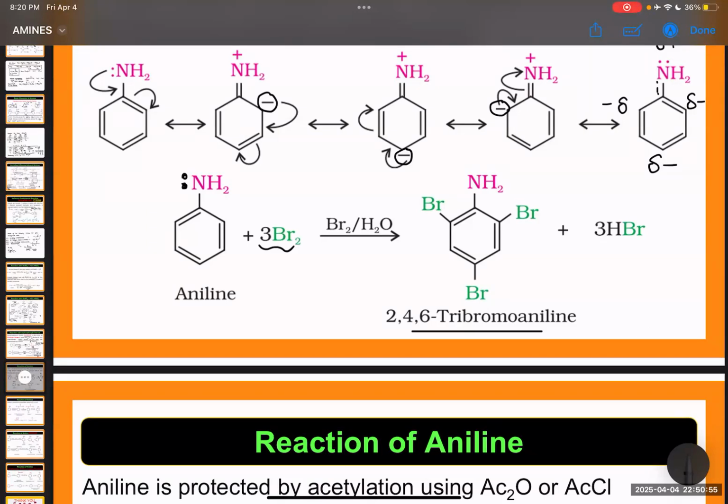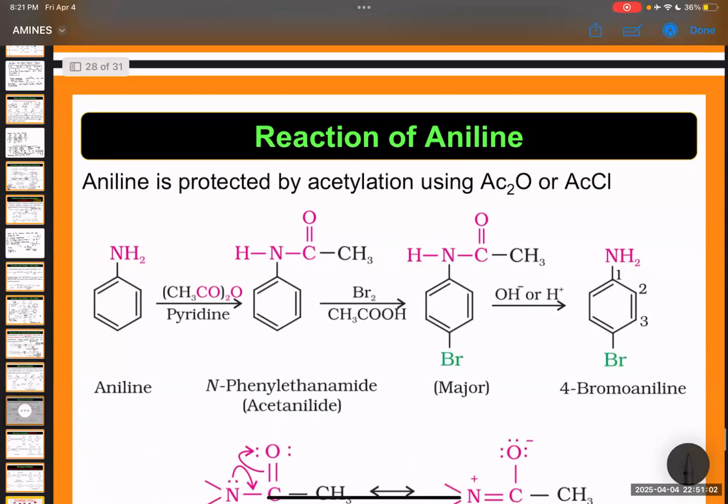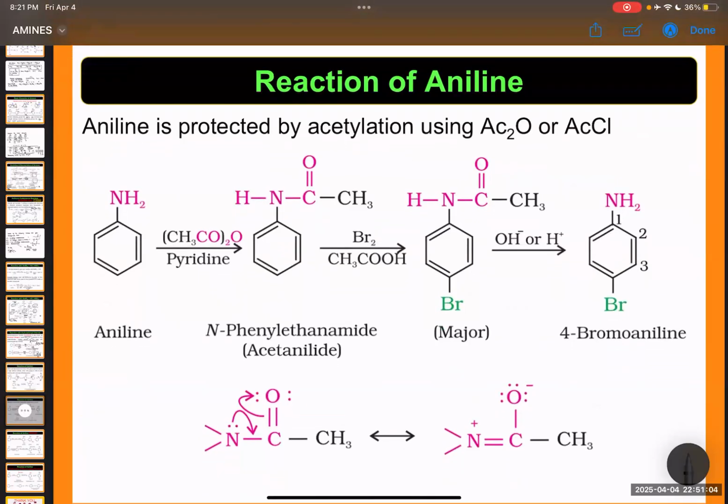So you get bromine attached at all the three positions. But suppose the question asks to put just one bromine, then how are we going to do that?